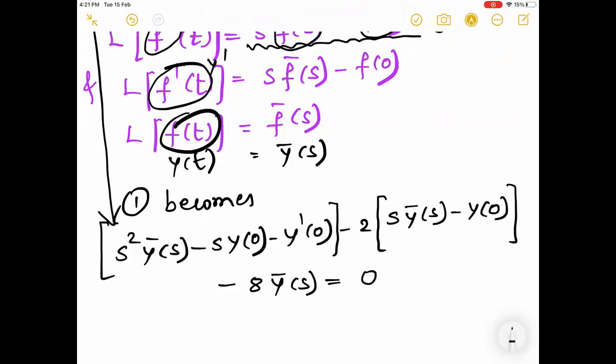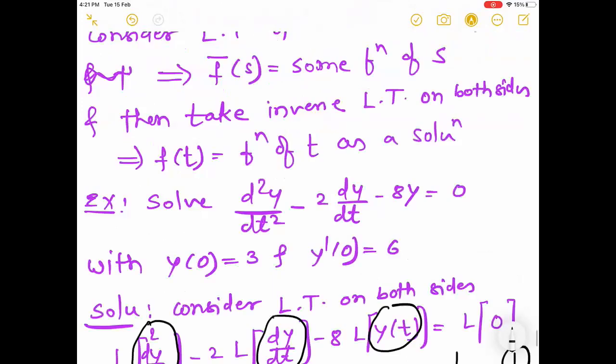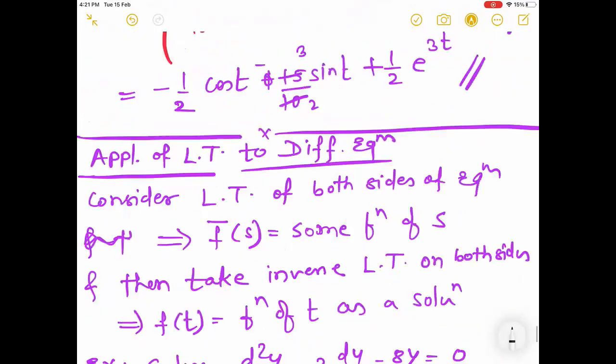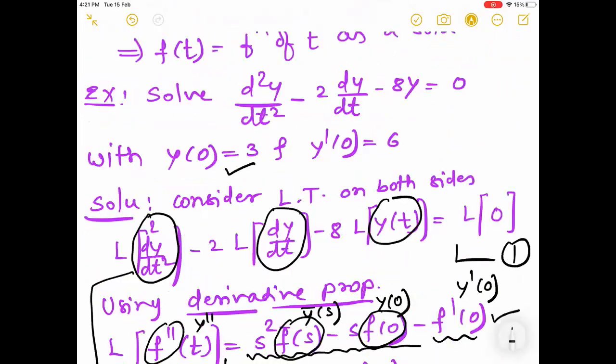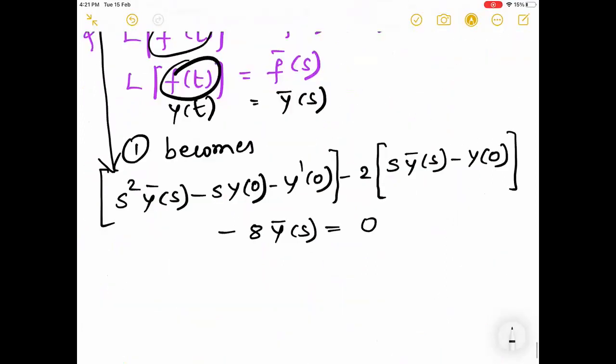Otherwise that would also be some function of s. So in this case, the terms y0 and y dash 0 are given. y0 is given as 3, y dash 0 is given as 6. So put them there. So this is 3, this is 6, this is 3.